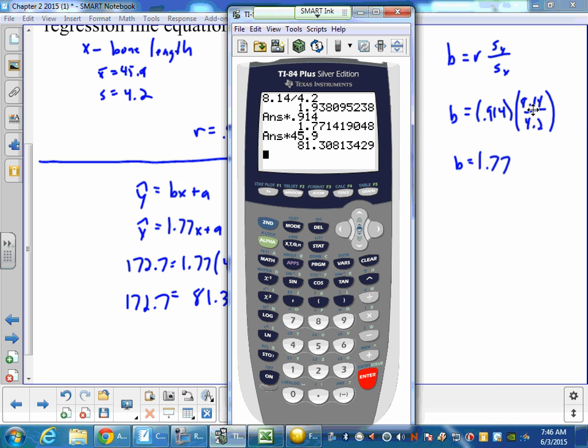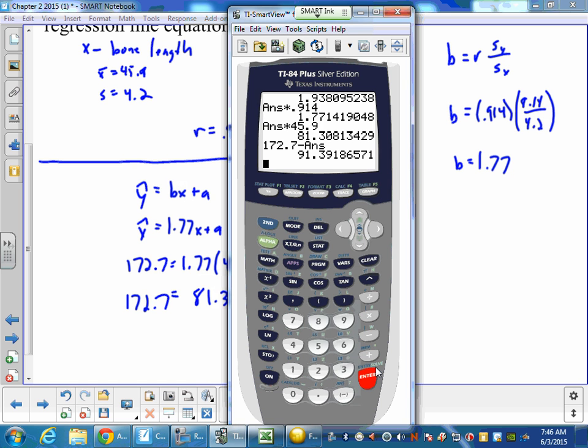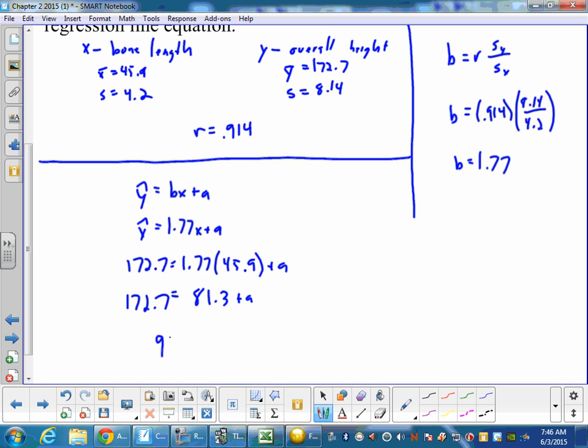Now I just have to subtract that from both sides. So 172.7 minus that answer, 91.4, equals my y-intercept. So y hat is equal to 1.77x plus 91.4.